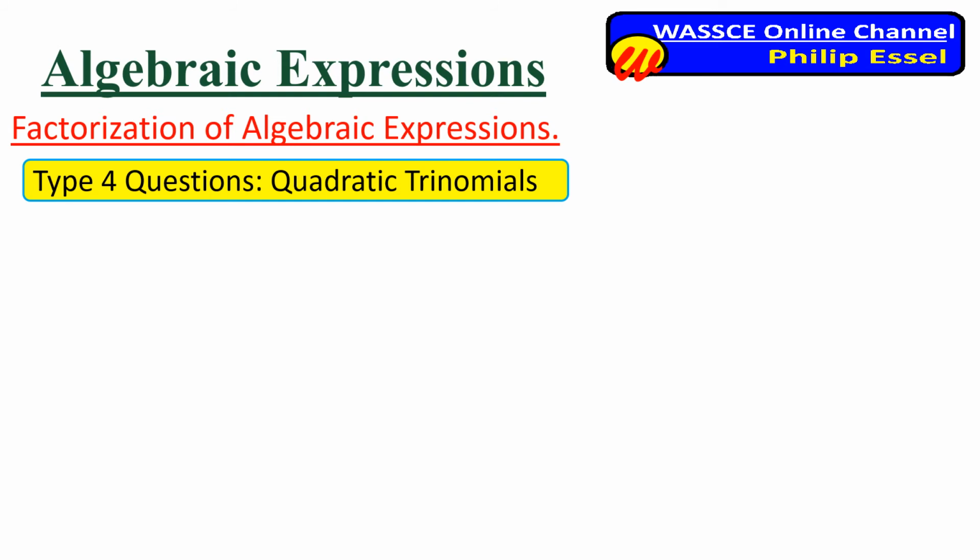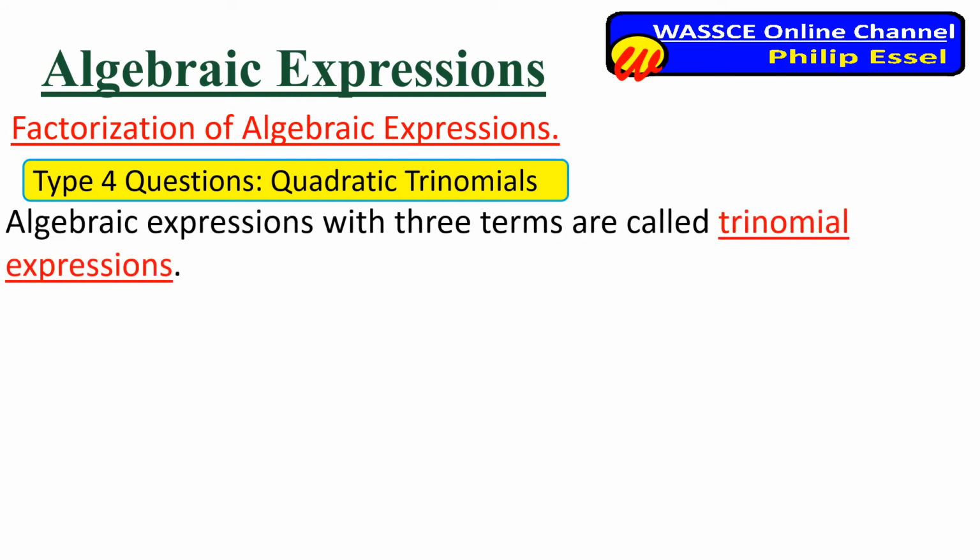Trinomials. Trinomials are simply algebraic expressions in 3 terms. As the name suggests, tri means 3. So any algebraic expression in 3 terms is a trinomial. For example, the expression 2x plus 4x plus 6 is a trinomial expression, and it is because it has 3 terms.